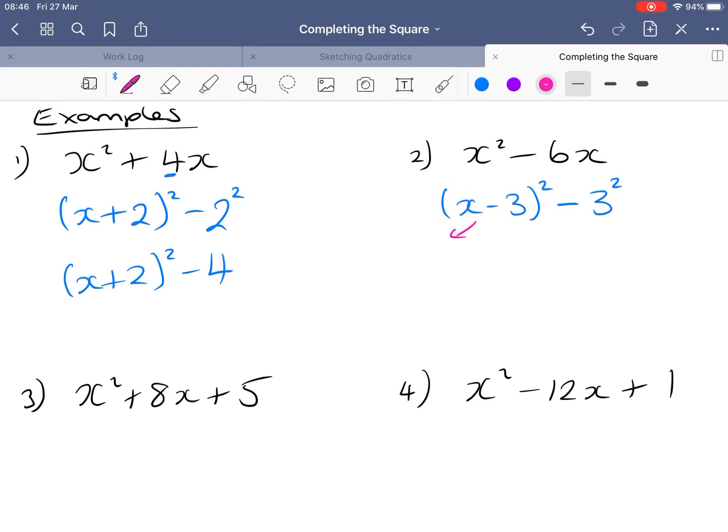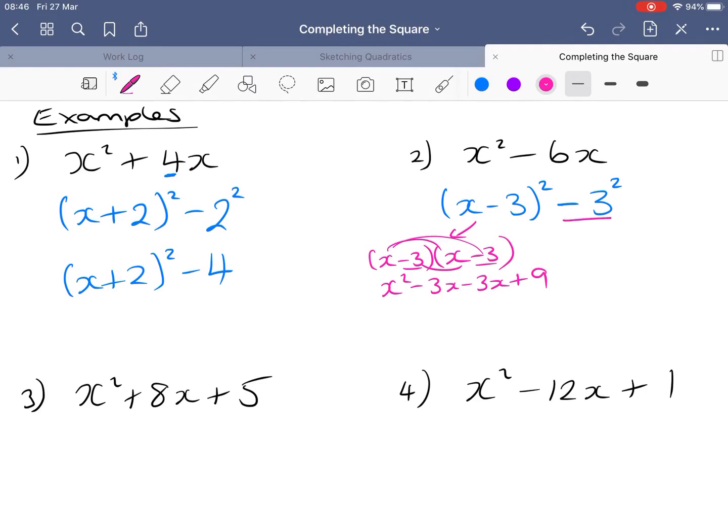Let's expand that. If I expanded x minus 3 times x minus 3, I'd get x squared minus 3x minus 3x, and then because I do a minus 3 times a minus 3, I'd have plus 9.